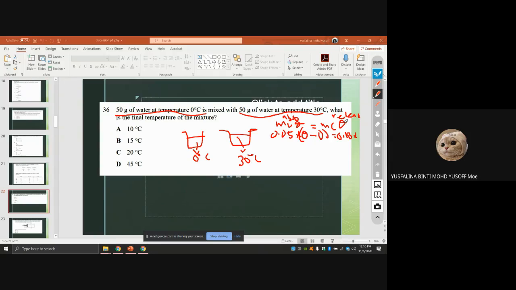For this one, the 30 degrees, the temperature will go down, so it is 30 minus theta.